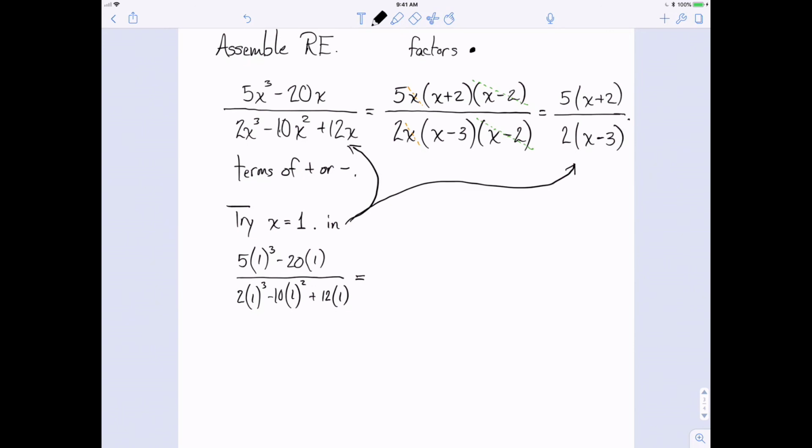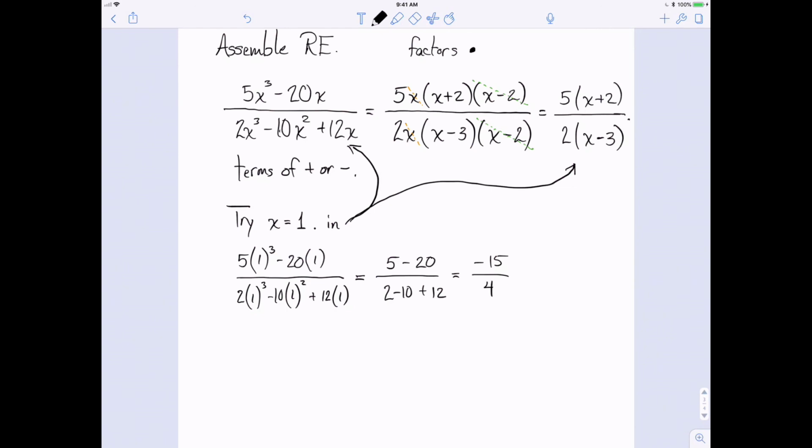So 5 times 1 is 5, and 20 times 1 is a minus 20. In the denominator I have 2 minus 10 plus 12. So I have negative 15 in the numerator, and in the denominator, 2 minus 10 is negative 8, and negative 8 plus 12 is 4.